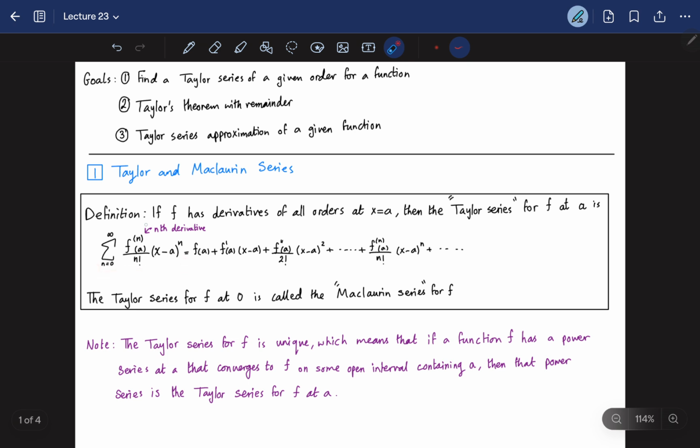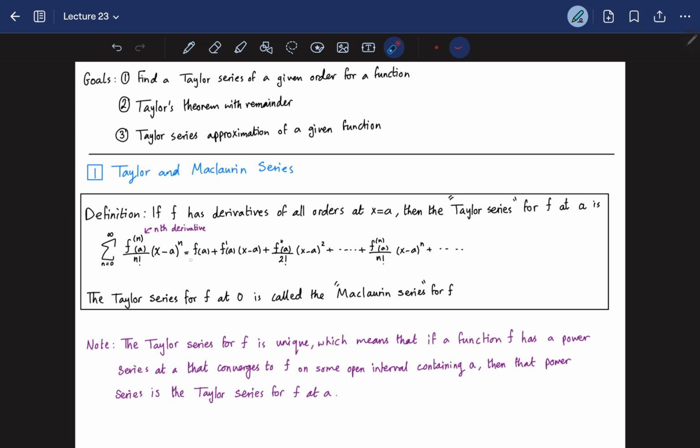You take the derivative of order n, you plug in the value a, you divide by n factorial, and then you multiply by (x minus a) to the n, and that would be the general form of your Taylor series. So let's expand it.